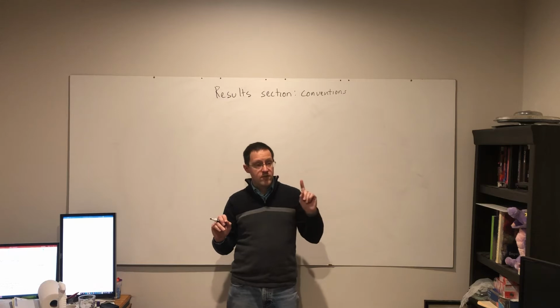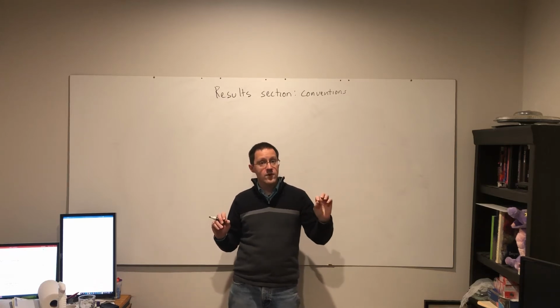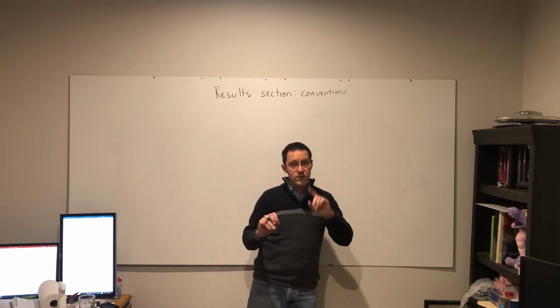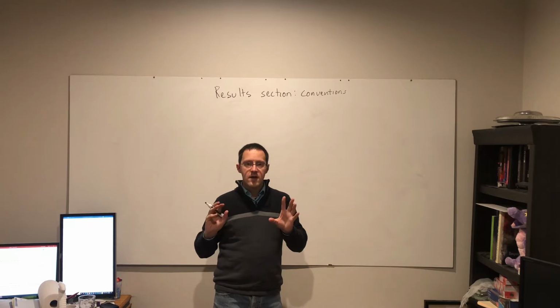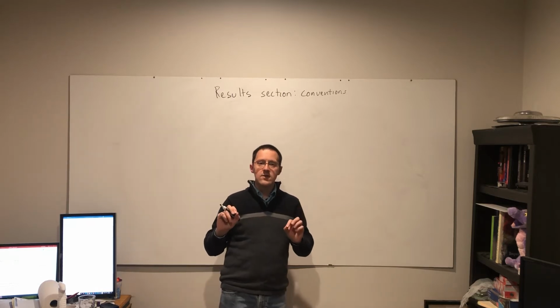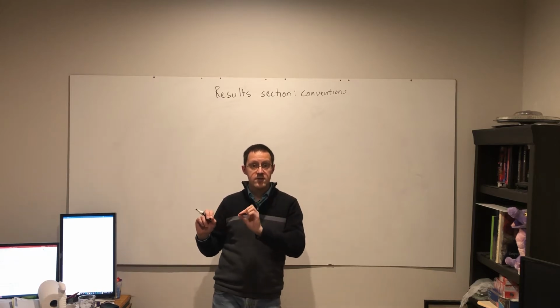Now, there are basically two main guiding principles within the results section. The first one is to be distinct from a discussion section, where we are just presenting the outcomes.